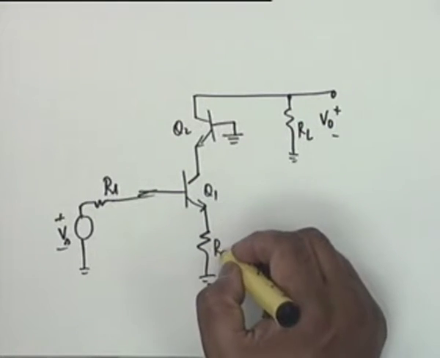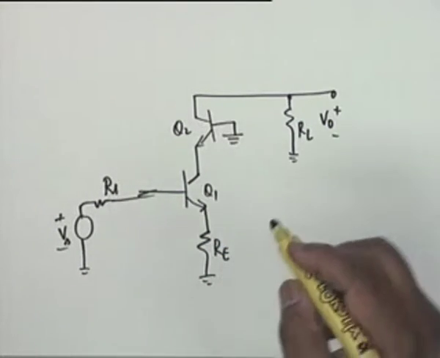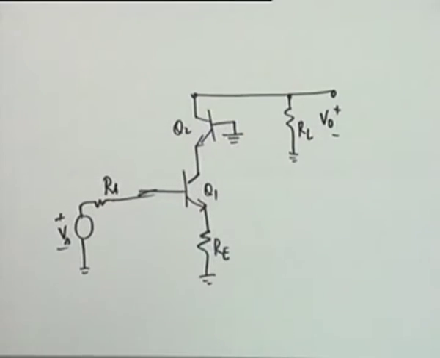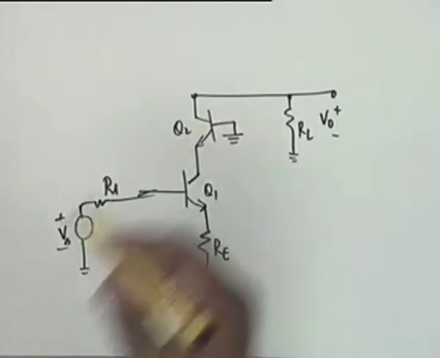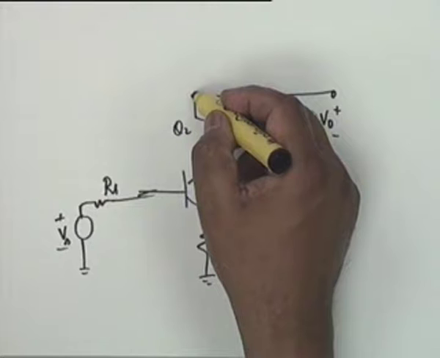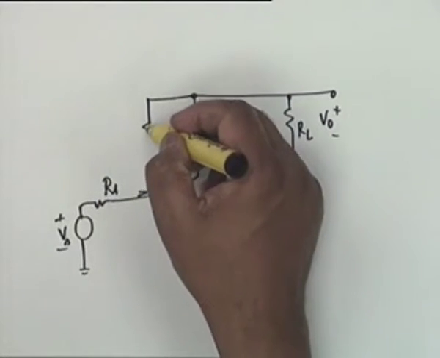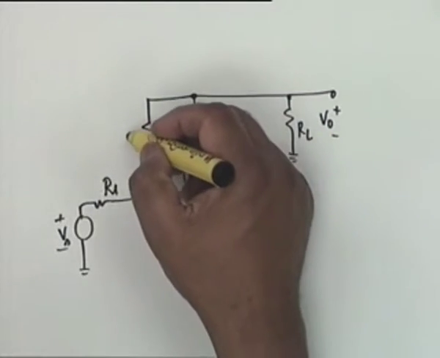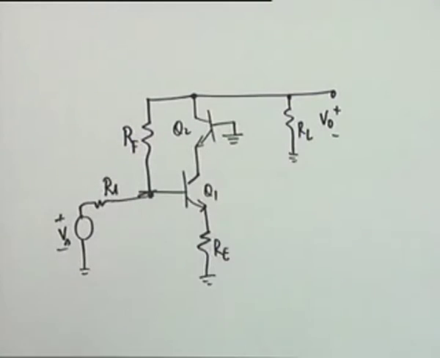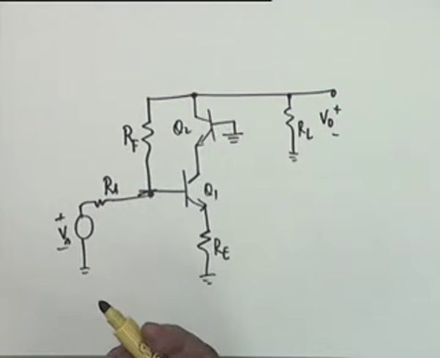It's a dual loop feedback, so there is an Re, and the feedback resistance, the shunt connection, is from the collector of Q2 to the base of Q1. Okay, this is RF. You see that this is a dual loop feedback.